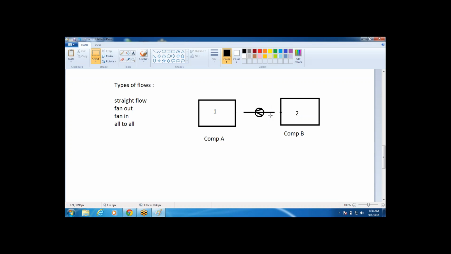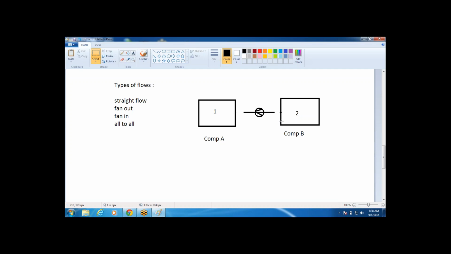So we can call this a fan out flow, meaning the records are going out of the flow into multiple flows. As the data is coming in serially, the records are distributed into multiple data partitions. That kind of flow we call a fan out flow.